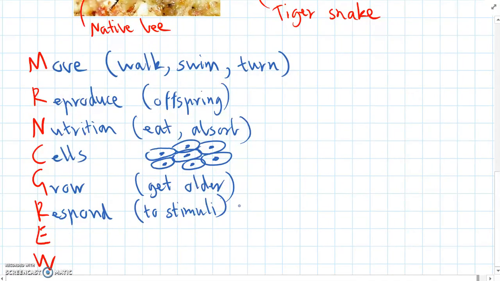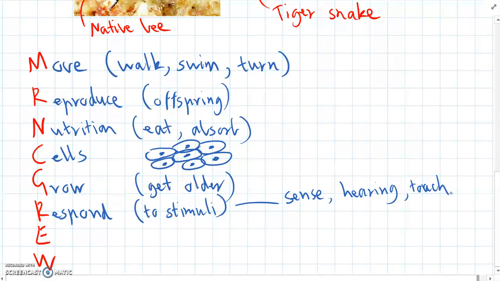And a stimulus is just something that we can sense. So things like hearing, touching, and seeing. Those are all stimuli that we can sense and then decide what to do about it. We can respond.